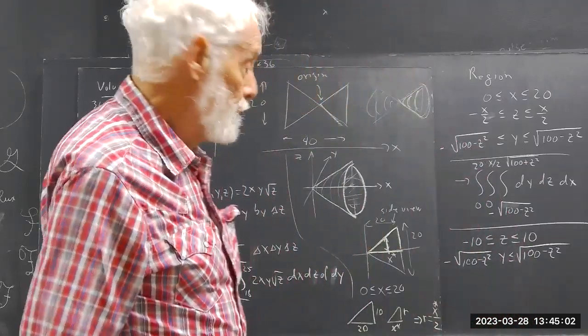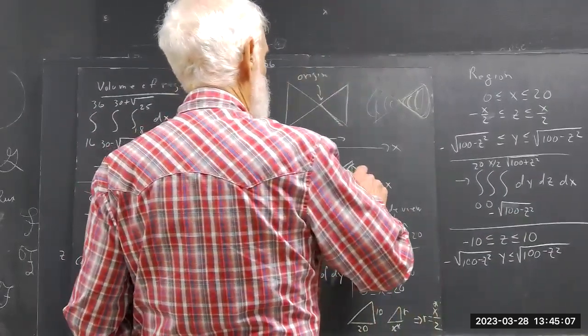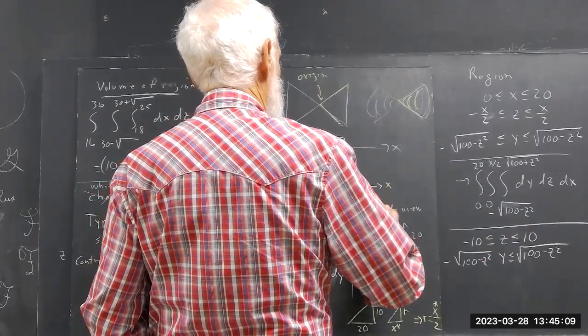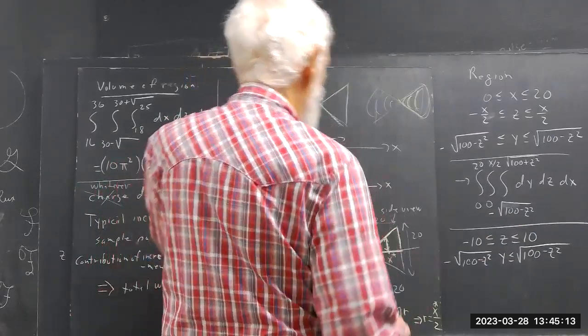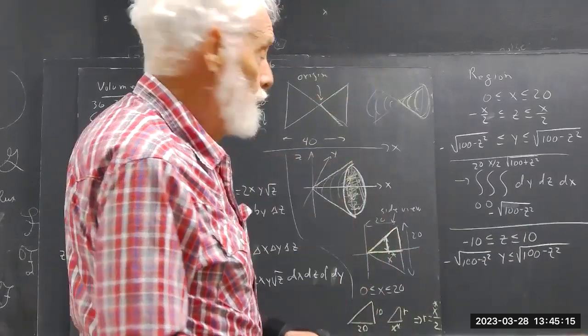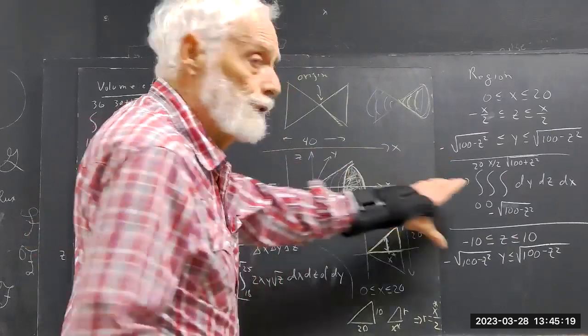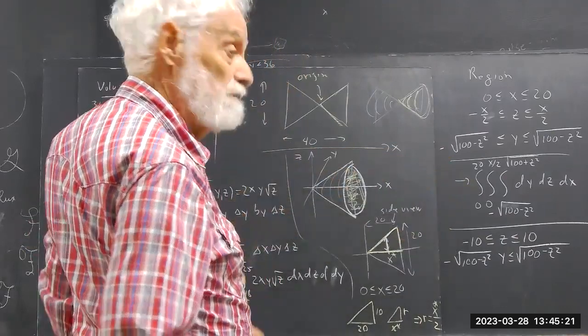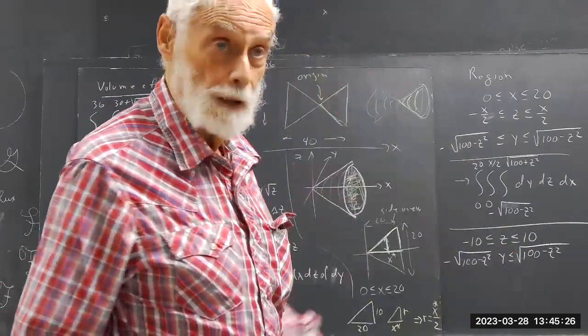Okay. Now what I've got there is this disk. What the text will tell you is you just imagine projecting the whole surface onto one of the coordinate planes.